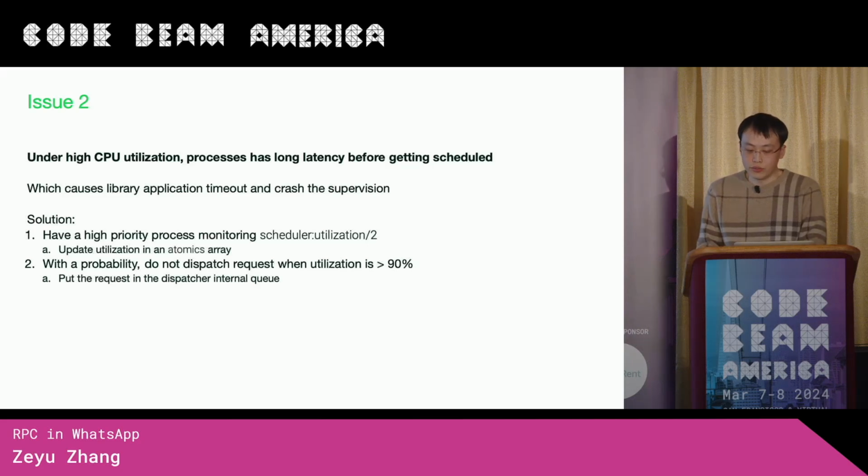The solution we implemented is a high priority process monitoring Erlang scheduler utilization very actively and updating the value in an atomic array. If scheduler utilization is larger than 90%, with some probability we will not dispatch the job to the worker and will put the request in the internal queue.